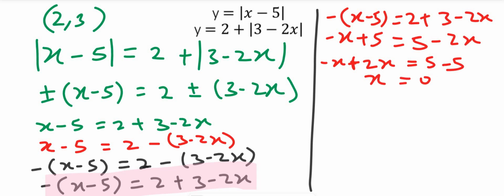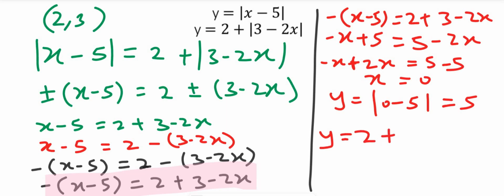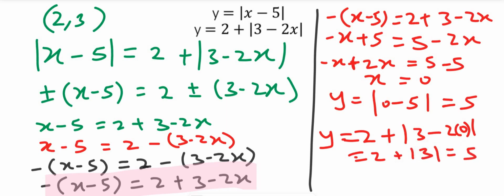Let me check if x satisfies the two equations. Y equal 0 minus 5. This gives 5. Modulus of negative 5 is 5. The second one, 2 plus modulus of 3 minus 2 times 0. This gives 2 plus modulus of 3, which is 5.